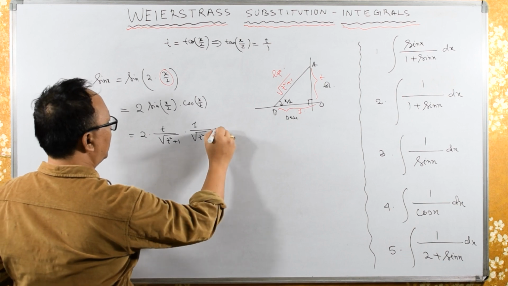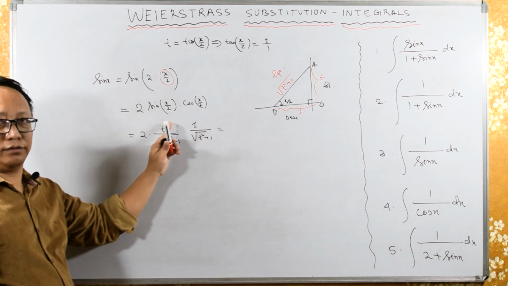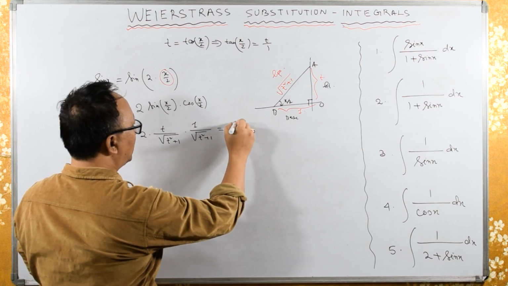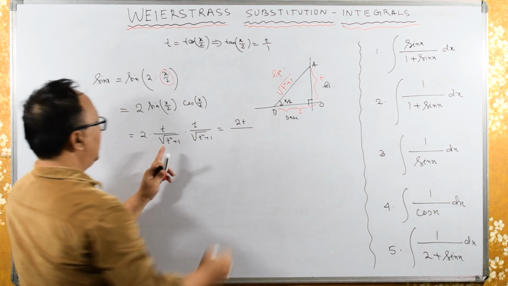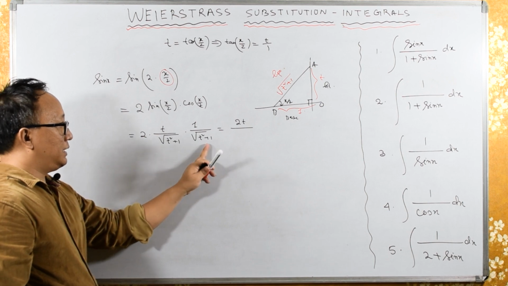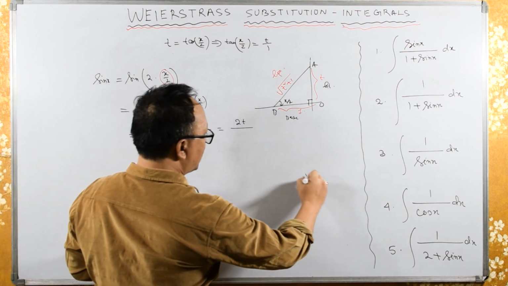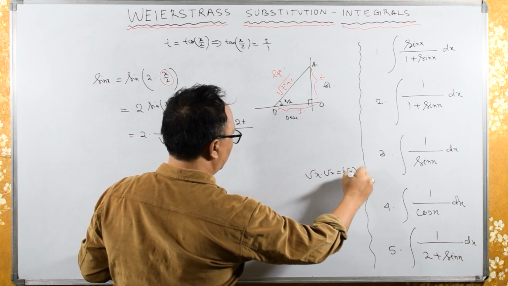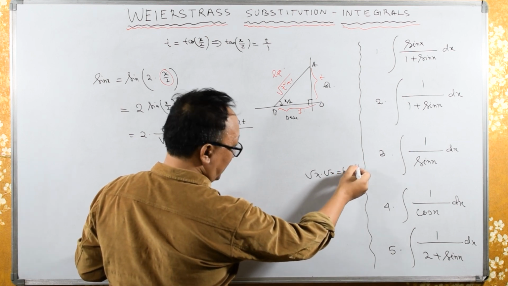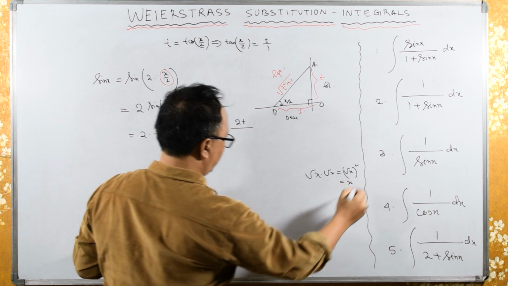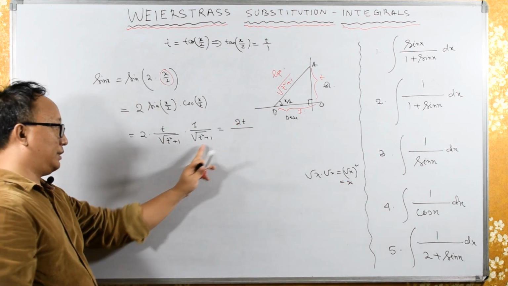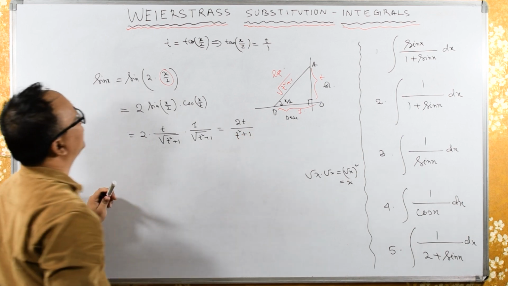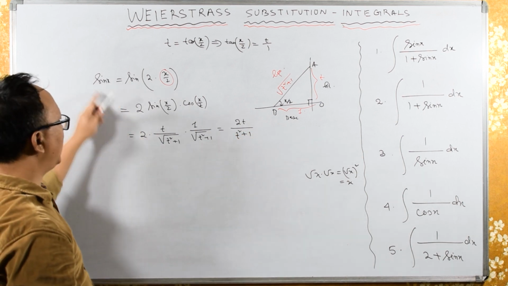This is the same as 2t in the numerator. In the denominator, the square root of this into this is the square root of t square plus 1, whole squared. Square root and square cancel, so we have t square plus 1. Therefore sin x is the same as this.